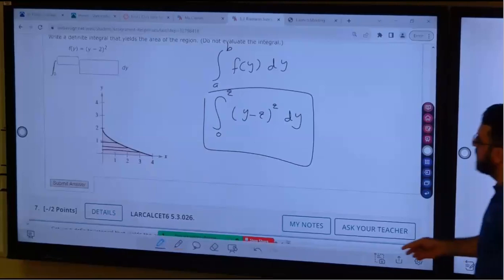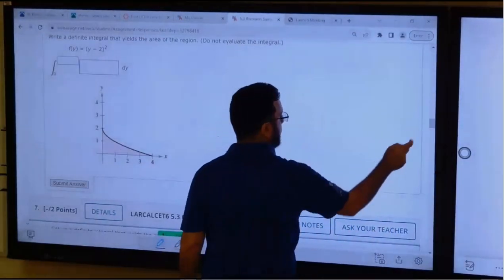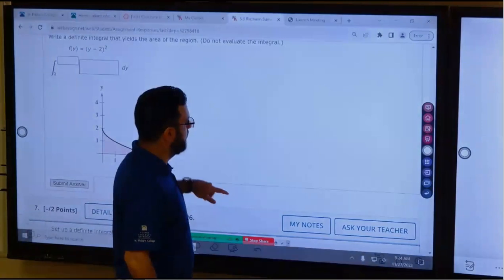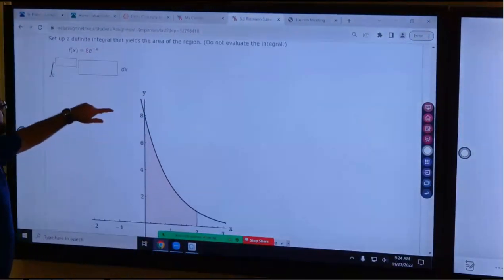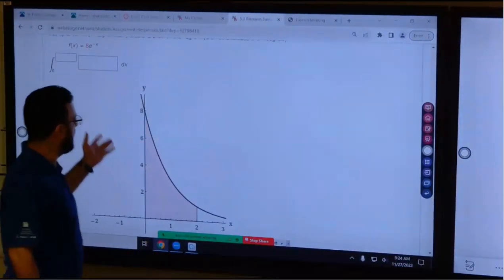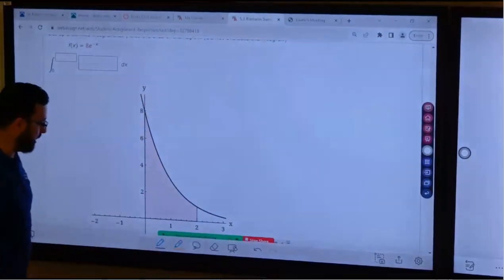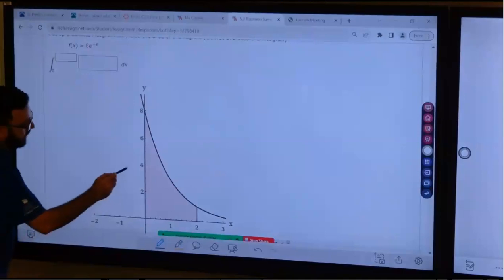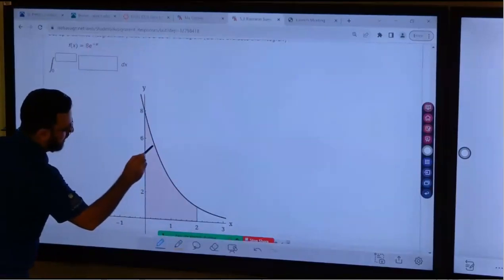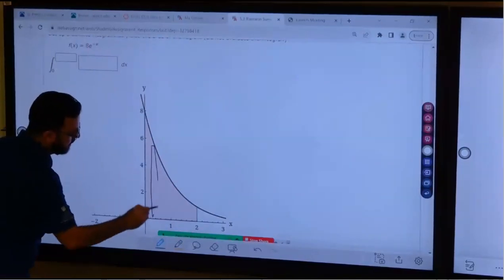Example. That's how we need to set up the integral. Our rectangle is going to be, you can grab it like this.